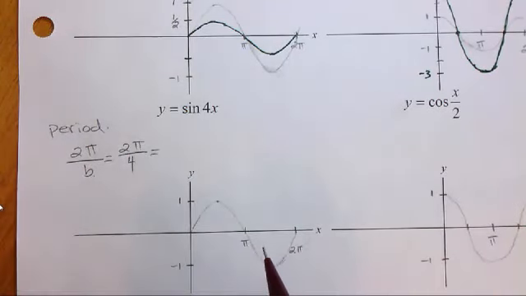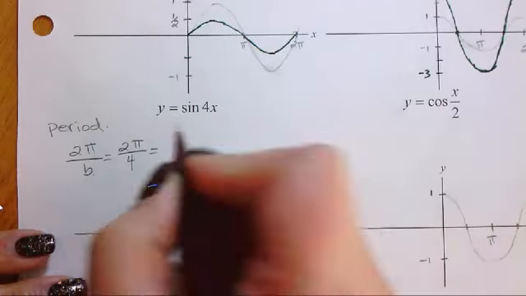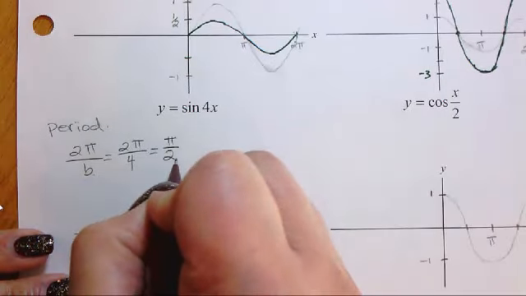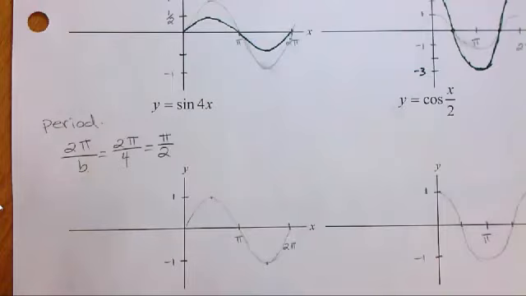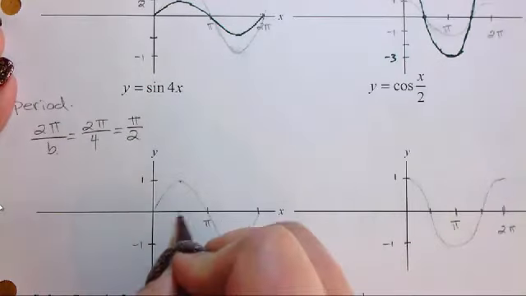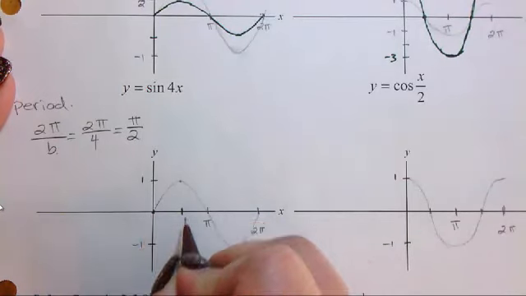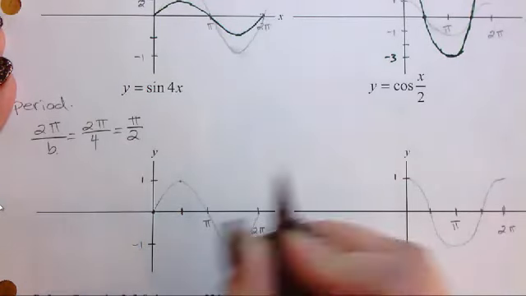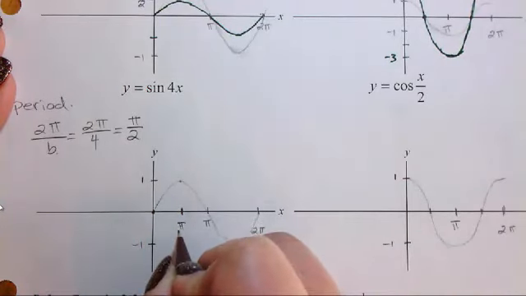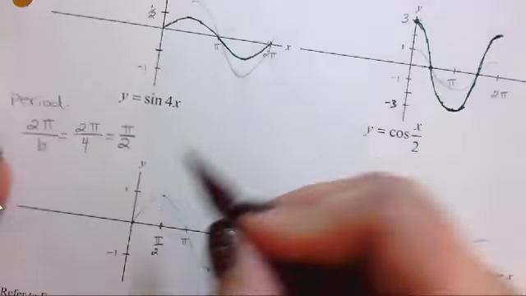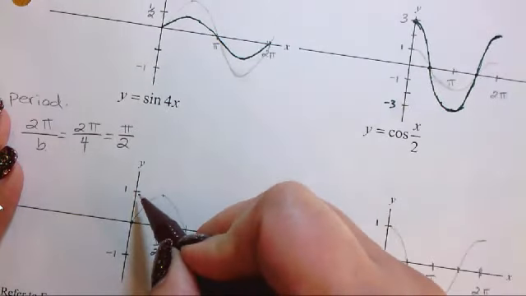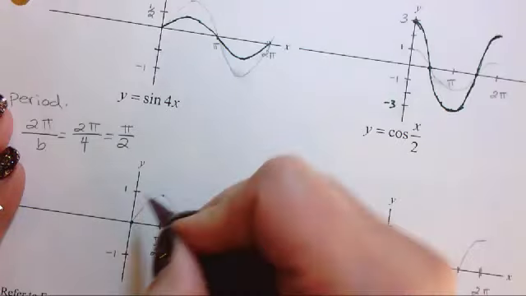So one period is actually only going to be pi by 2. That means my entire cycle has to go from 0 to pi by 2. So it's going to be really squishy, and I have to do one entire full cycle. You know what? I'm going to do it in pencil because I'm kind of scared.